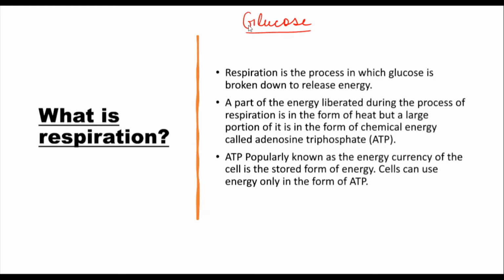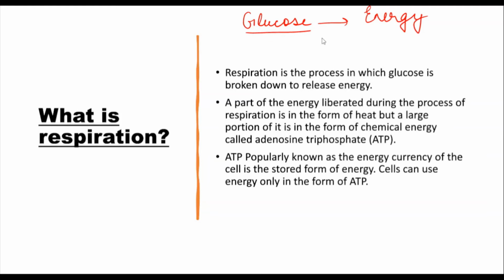What is respiration, children? It is a simple process in which the glucose is broken down to release energy, but the process is not that simple, children. Okay, we will learn about it in the later part of the chapter. So whatever energy will be released during the process of respiration, a part of that energy will be liberated in the form of heat.